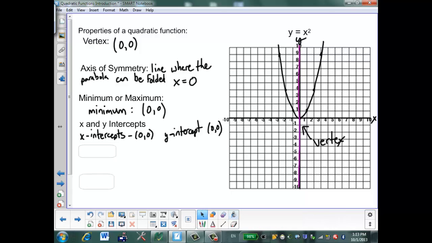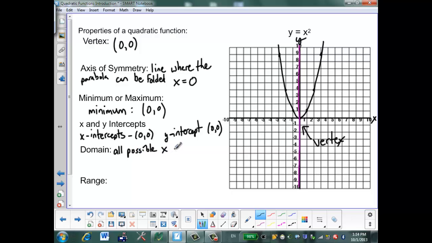My final two properties that I need to look at are domain and range. Now, the domain of the graph is all possible x values. For a parabola, all possible x values, because this graph goes on in both directions forever and ever, we write as x is the set of all real numbers.